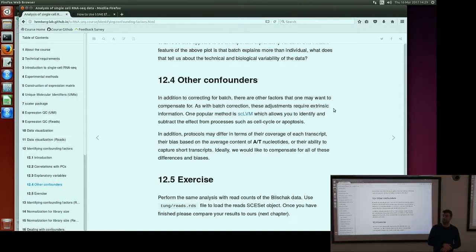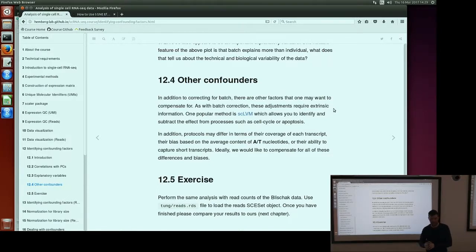Yep. Will you be covering some of these latent variable models later on in the course? So the question is, are we covering latent variable models later in this course? I think the answer is no. All of the methods in single cell analyses are developing, and some areas are more mature than others.